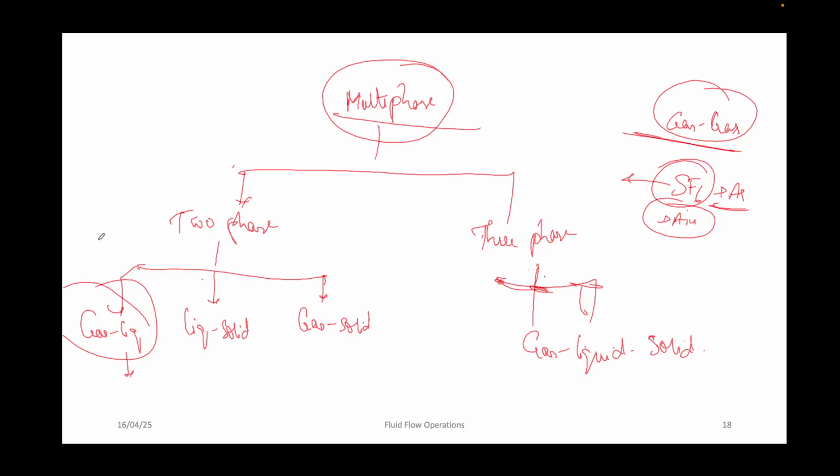Also, apart from this, we have something called absorption, which helps in removing pollutants or unwanted materials from gas streams. So we'll be using gas-liquid operations here. Let's say there is a gas stream which contains CO2 and N2, and you want to remove CO2 from this.